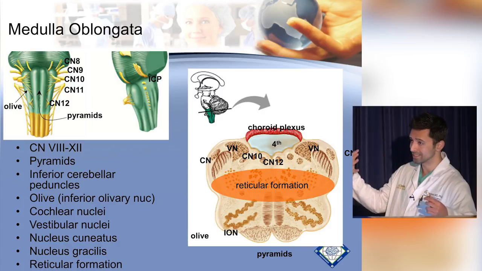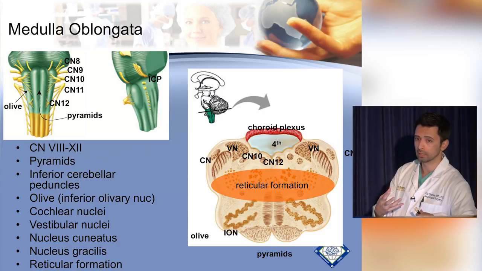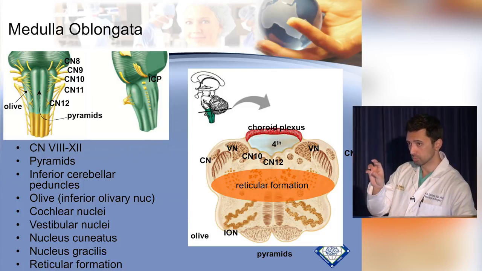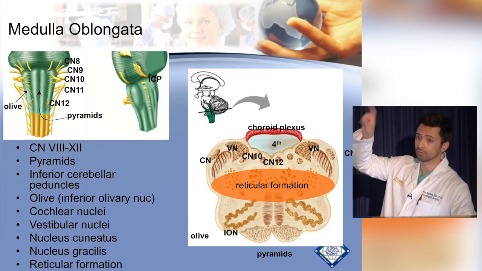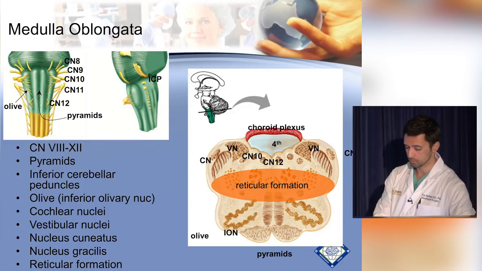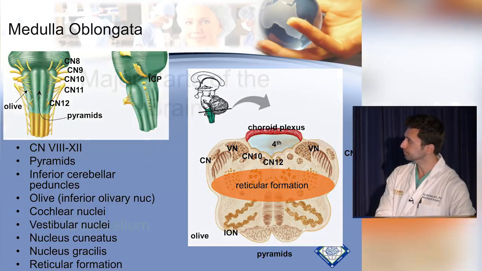The brainstem is also taking sensory input from the head and neck and face. So hearing, taste, balance. These are things that are going to come into the brainstem and then get sent up to the thalamus before they go up to the cortex. So the brainstem is a very important direct communication through the cranial nerves.